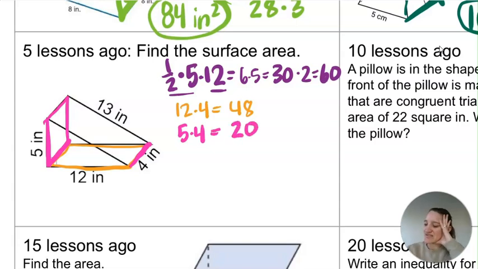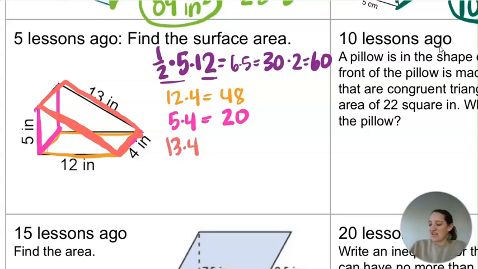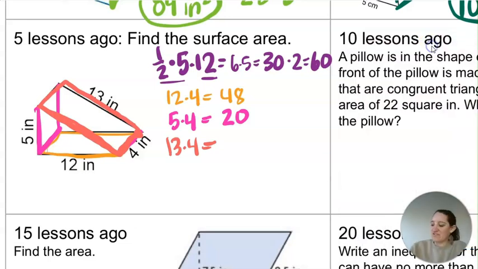And then this last rectangle that I haven't looked at yet is right here. It is definitely 4 and definitely 13. So 13 times 4, 52. And I'll add up the 60, 48, 20, and 52.